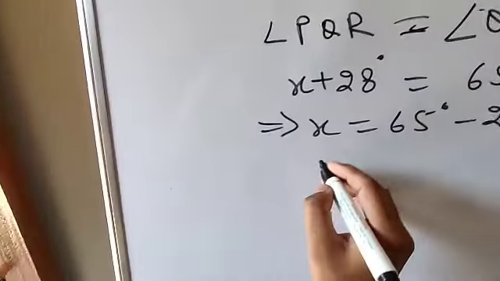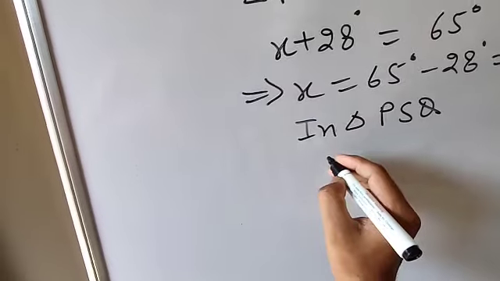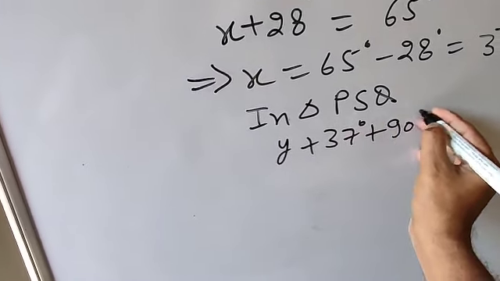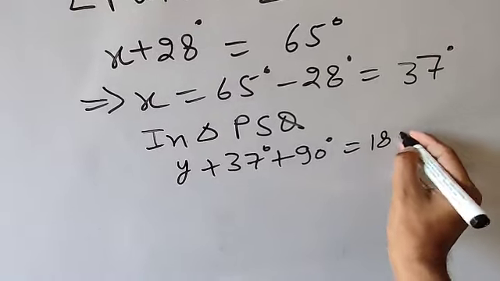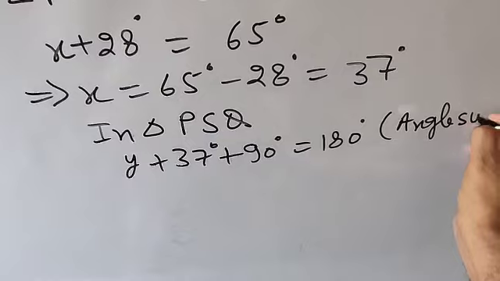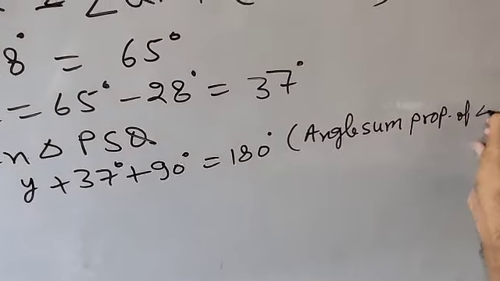So we can write in triangle PSQ, y plus 37 degrees plus 90 degrees equals 180 degrees. Angle sum property of triangle.